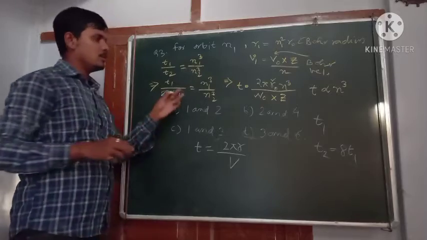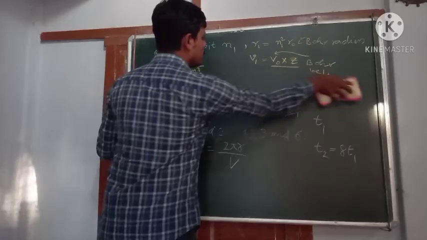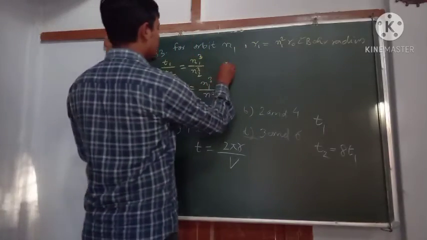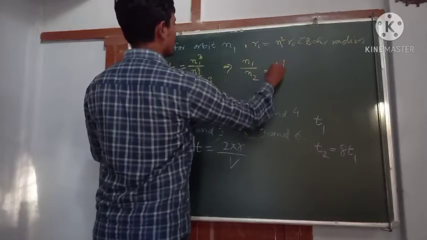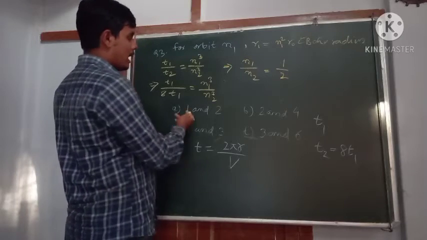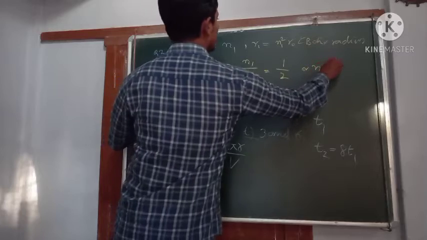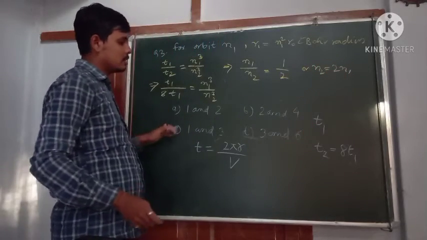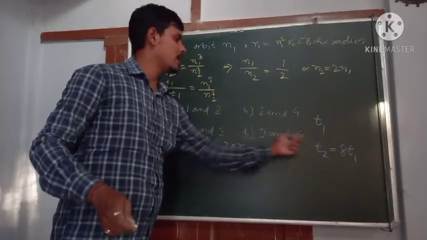If I solve for n1 and n2, I will get n1 by n2 equals 1 by 2. So n2 is twice of n1. Now you see the options n1, n2.